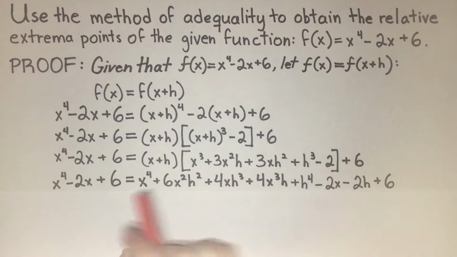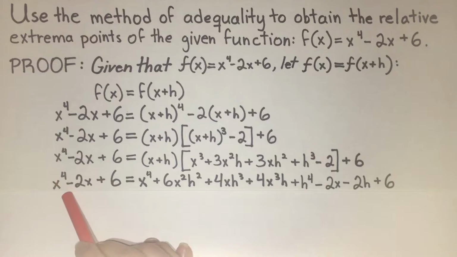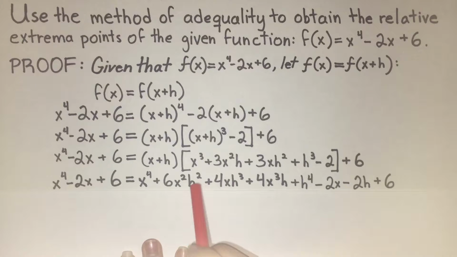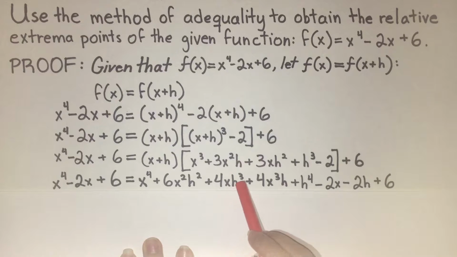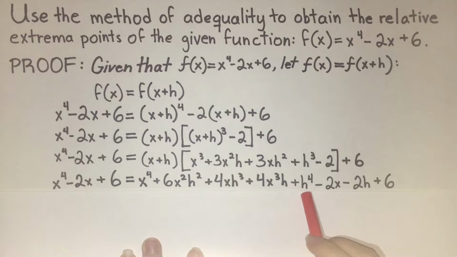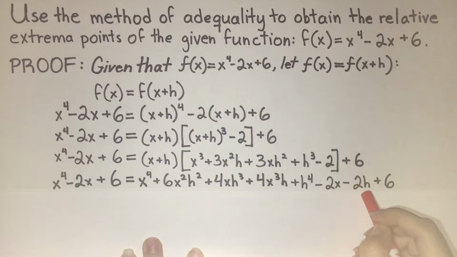I already solved it. As you can see, we have x to the fourth minus 2x plus 6 is equal to x to the fourth plus 6x squared h squared plus 4x h cubed plus 4x cubed times h plus h to the fourth minus 2x minus 2h plus 6.